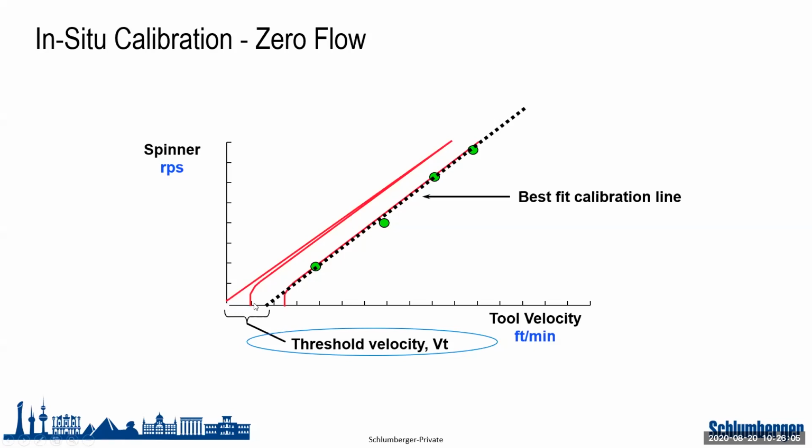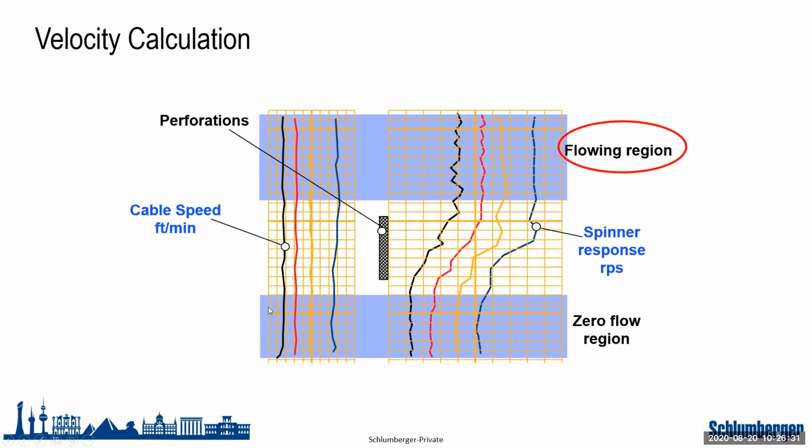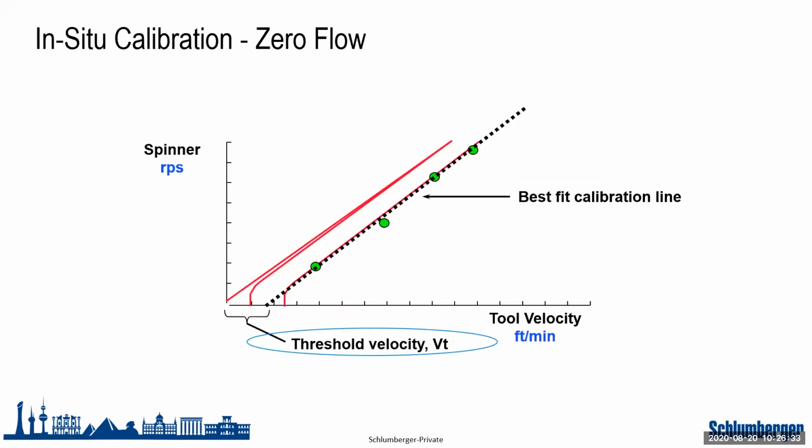Another thing that will make an impact on the spinner calibration is that if the fluid is viscous, the more viscosity of the fluid, the more lag for the spinner to start rotating. So this distance from the time in which the fluid starts passing through the spinner until the spinner starts its rotation is what we call threshold velocity.